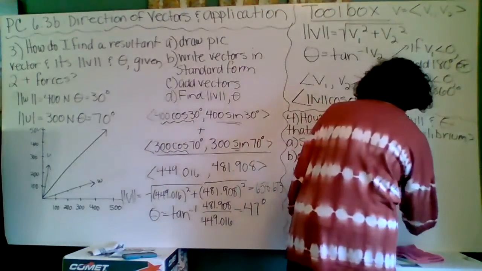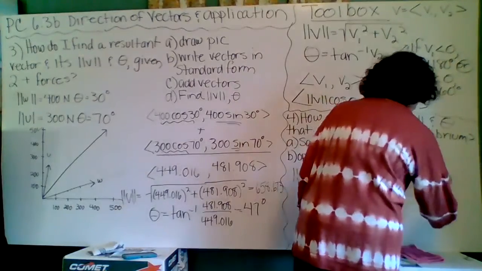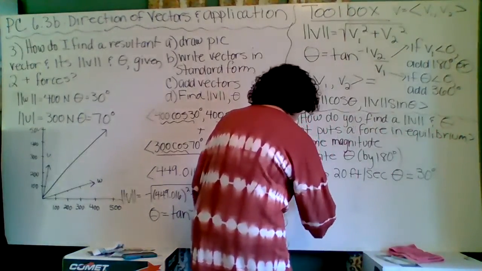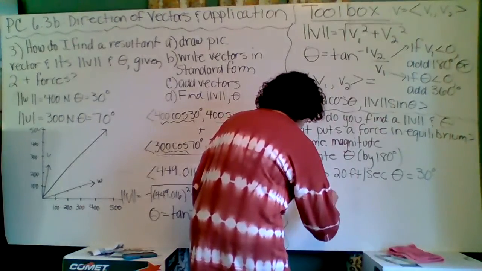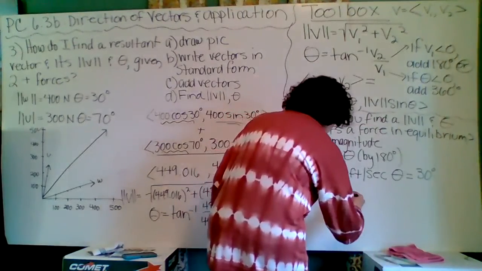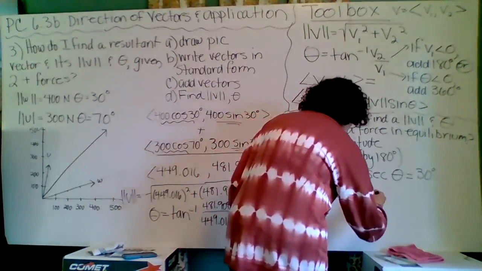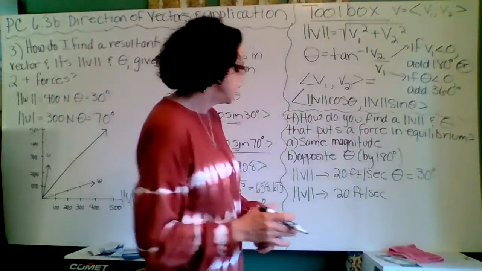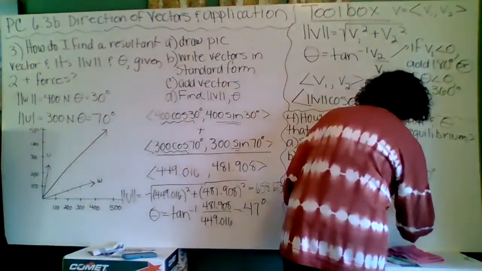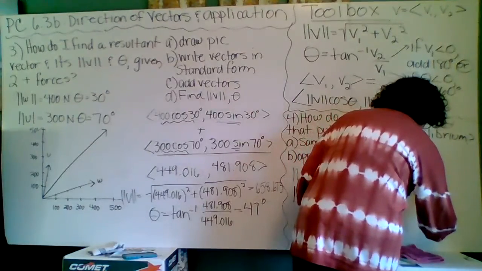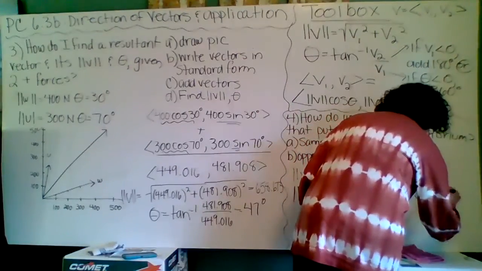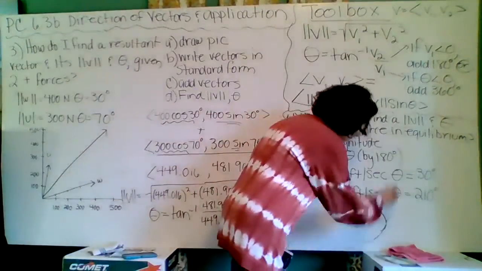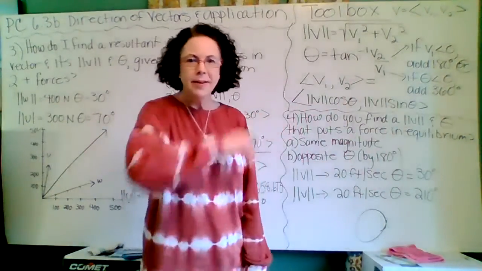And I'm going in a direction of 30 degrees. That would mean to put me in equilibrium, someone would have to apply a force of 20 feet per second in the opposite direction, which I would add 180, that is a 210 degree direction. And that would stop me, right?